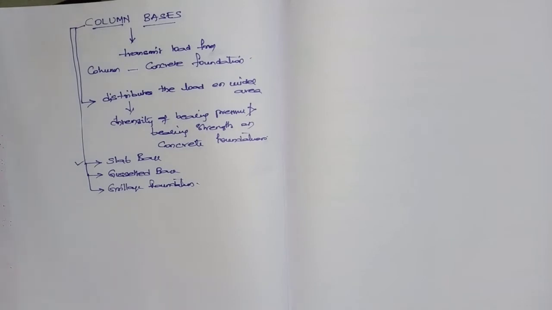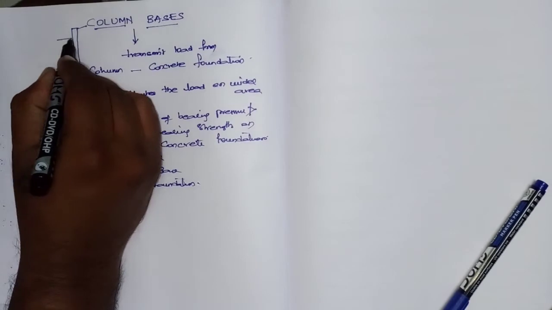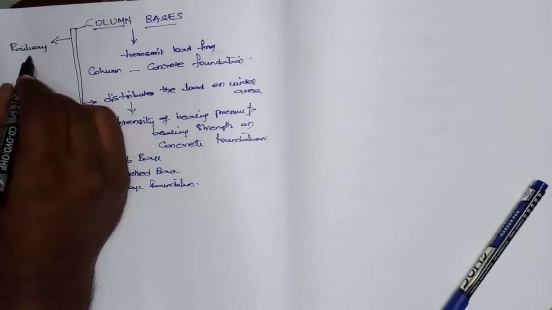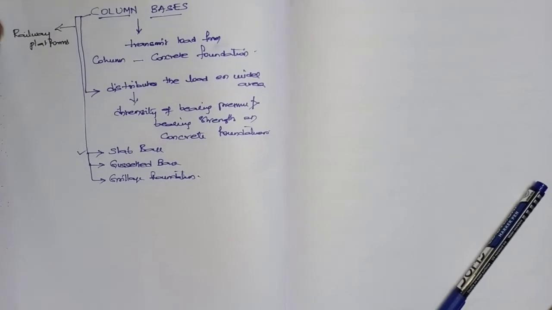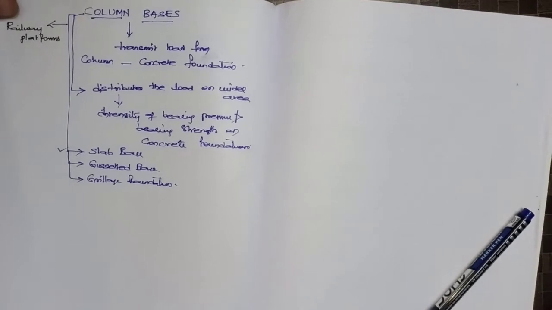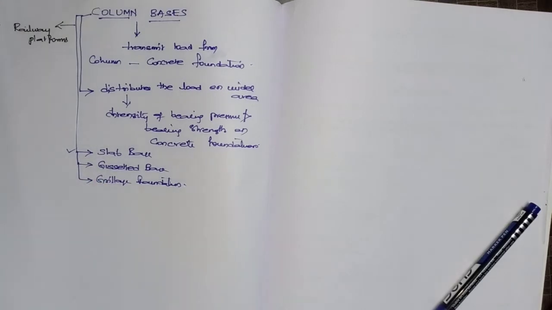If I try to draw the figure here, first of all, column bases, if you go and see the railway platforms, you can see these column bases, where we will be sitting on some round type stage, and all advertising boards will be placed on one vertical member.